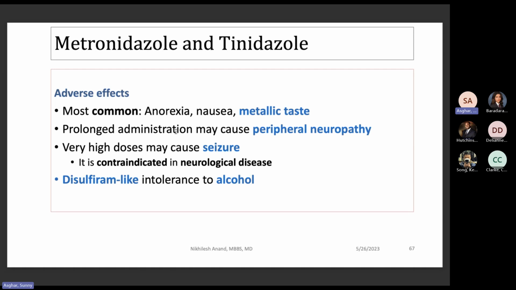Using it for too long can give you peripheral neuropathy, so that's something to look out for when you're learning about side effects. In high doses it can cause seizures, and it can also cause intolerance to alcohol, a disulfiram-like reaction, which is why they advise you not to use it with alcohol.